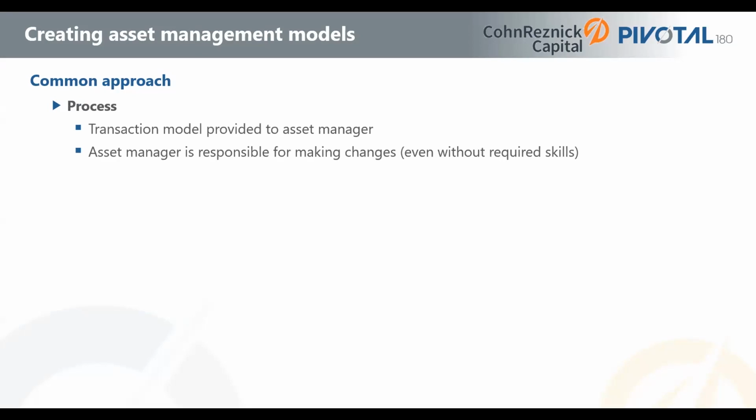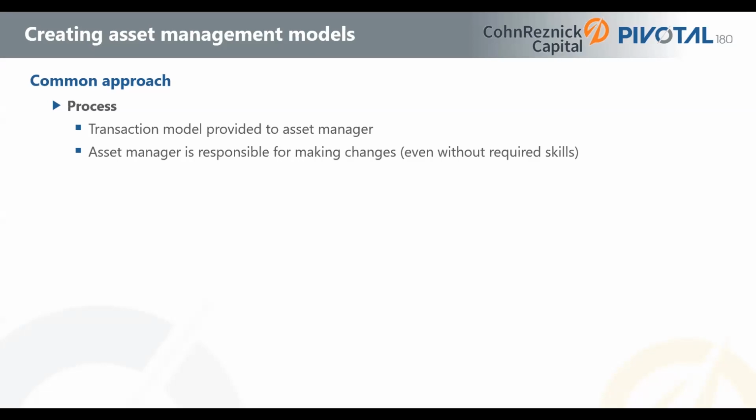Bear in mind that the asset manager might have quite a different skill set to the transaction people. An asset manager could be an accountant, an engineer, or a finance person, but regardless, their skill set is a little bit different to transaction people. Perhaps the asset manager has more experience in operating projects, project governance, or the management of cash flow between periods, over every month of a project.